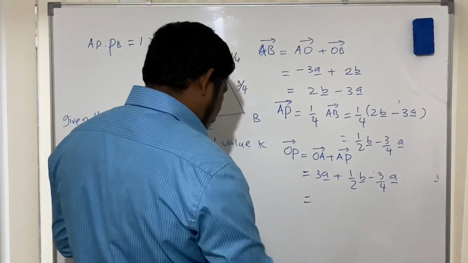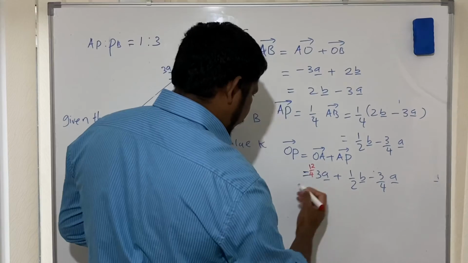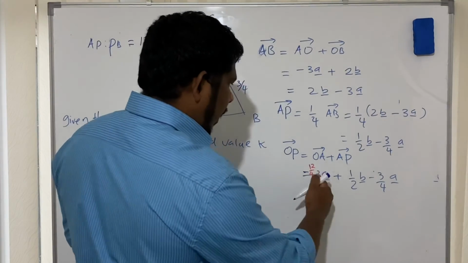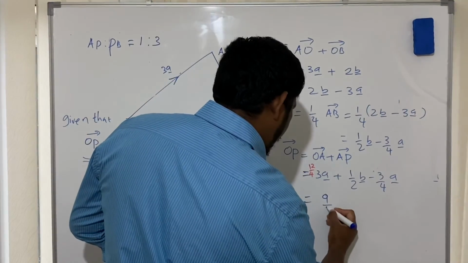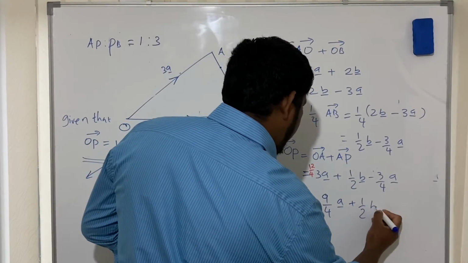I'm going to write the 3 as 12 over 4. So that means 12 minus 3 is 9/4 A plus half B.